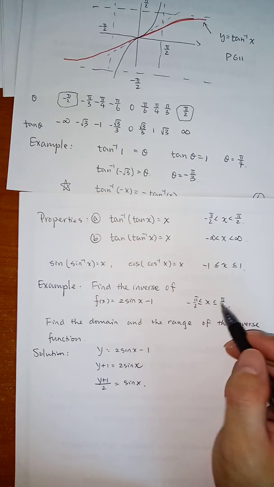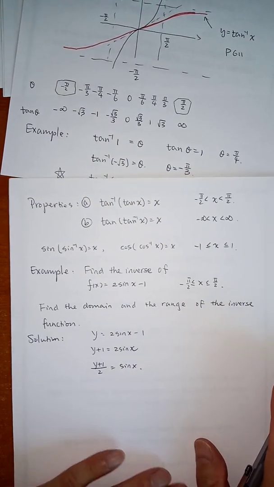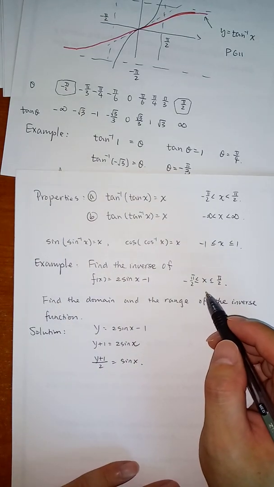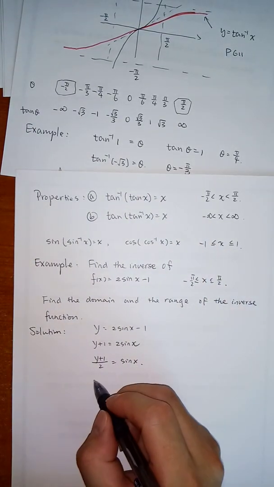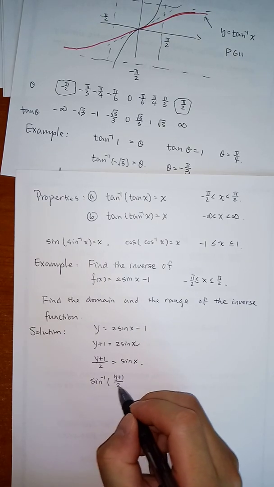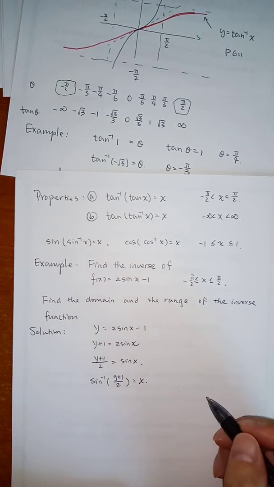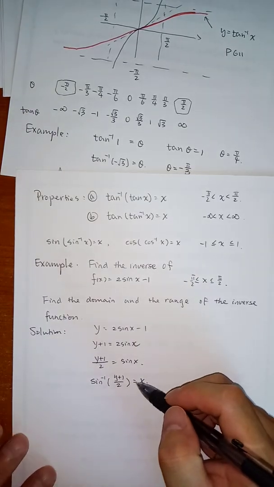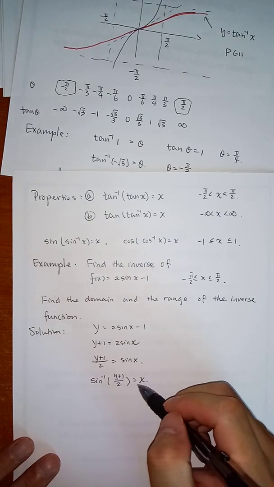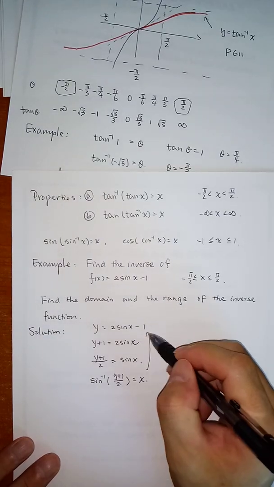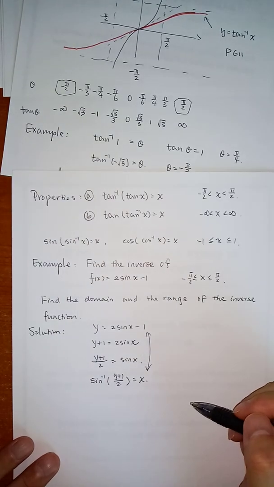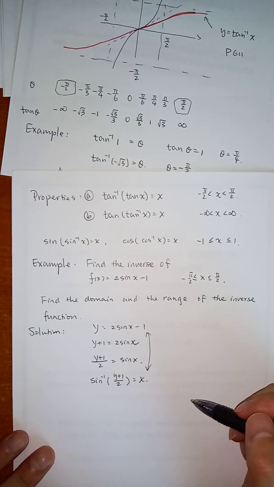Sine x is between negative pi over 2 and positive pi over 2. It's exactly the setting in the definition of sine inverse. So you find the inverse. Up to this step, it is still the original equation. So even though these two equations look different, they are the same.